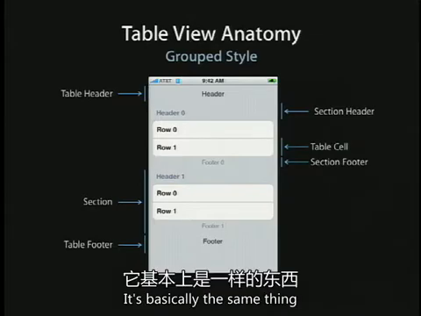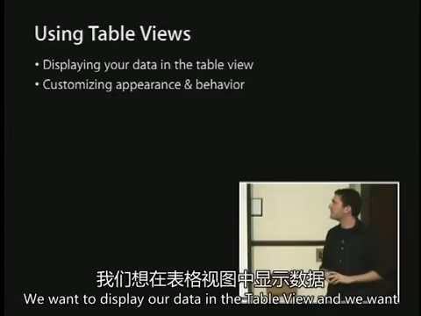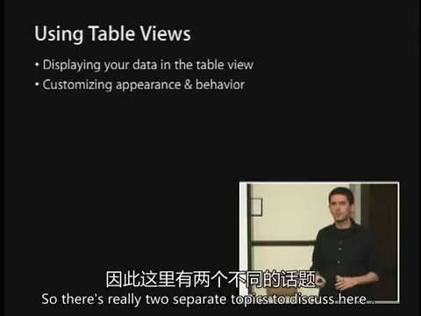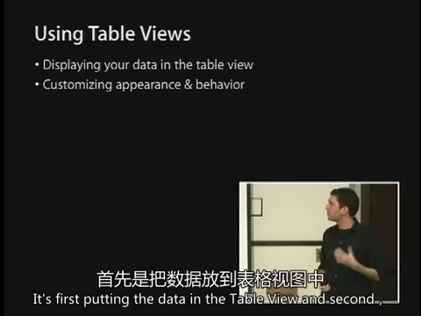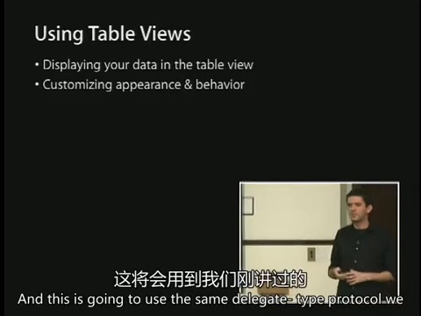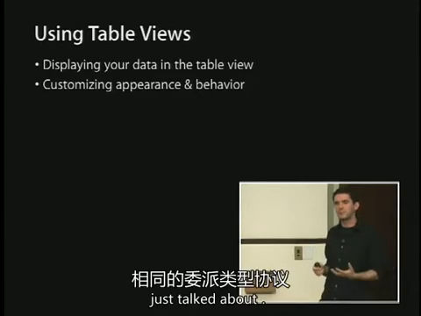It's basically the same thing. So how are we going to use these things? We want to display our data in the table view, and we want to customize its appearance and its behavior. So there are really two separate topics to discuss here: first, putting the data in the table view, and second, customizing its appearance. This is going to use the same delegate-type protocol we just talked about.